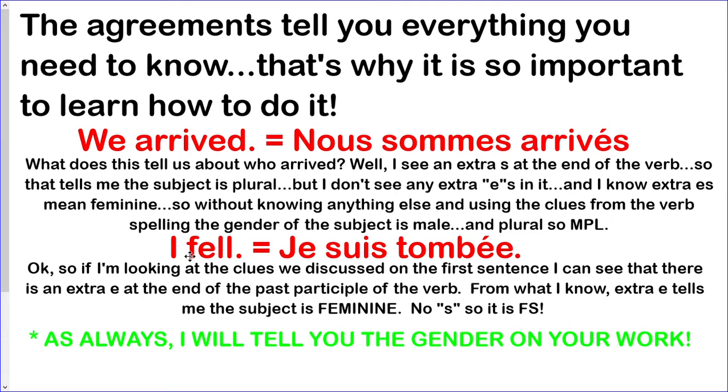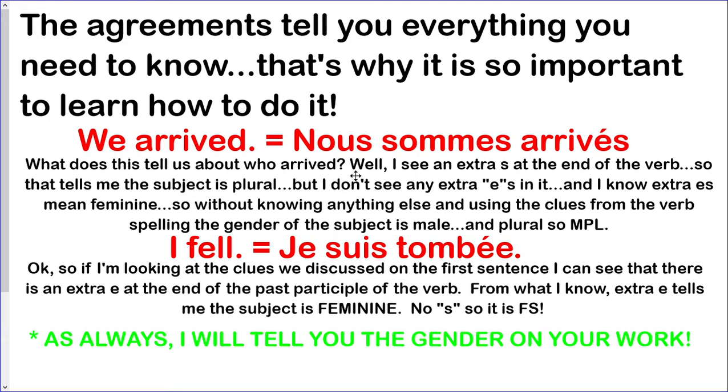Now, I fell. If you read that somewhere, you have no idea about the person who's falling. But again, in French, seeing the spelling of the verb tells me some more information about the person who is falling. Okay, so if I'm looking at the clues we discussed on the first sentence, I can see that there is an extra E at the end of the past participle of the verb.